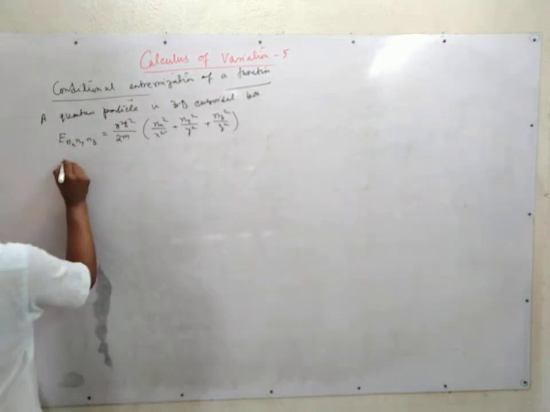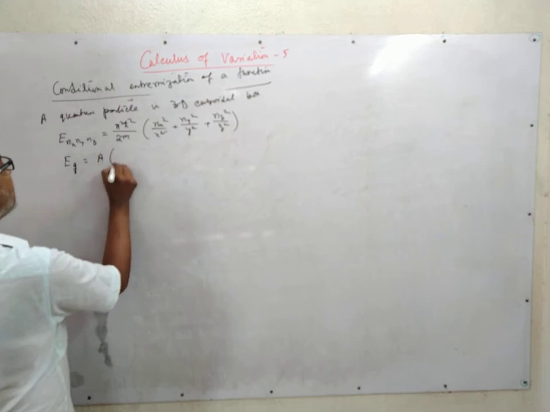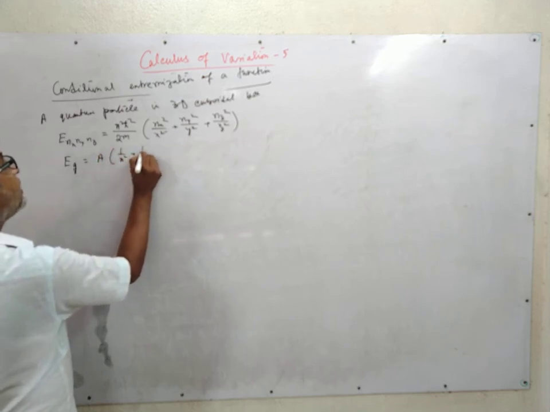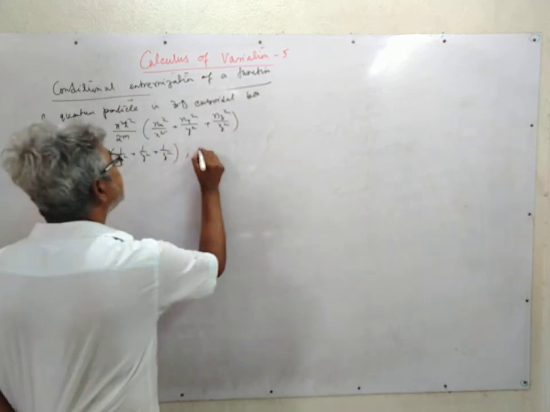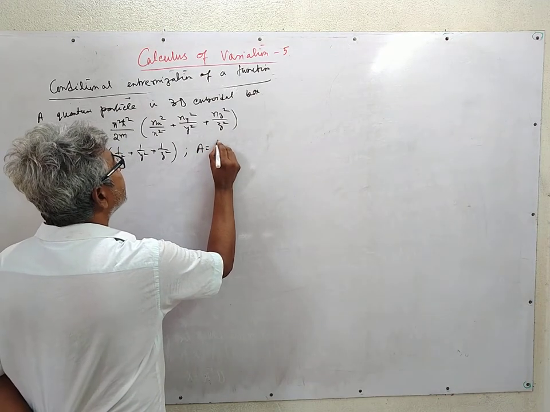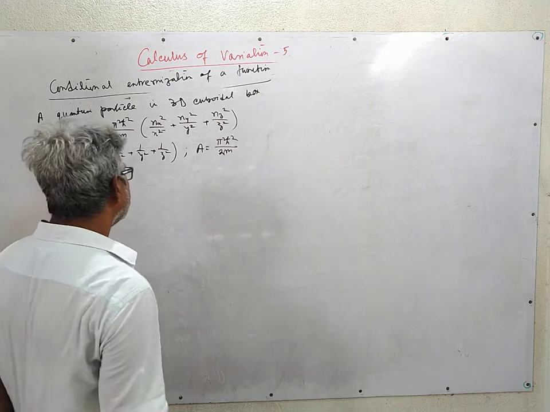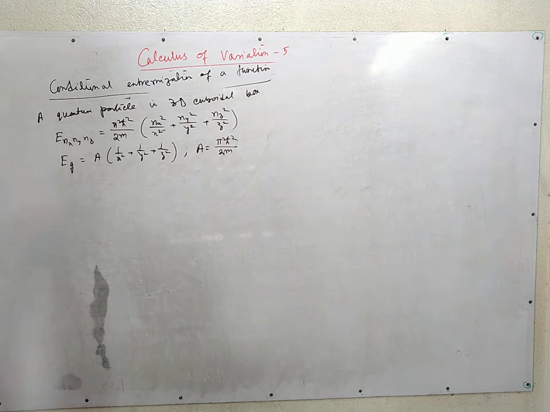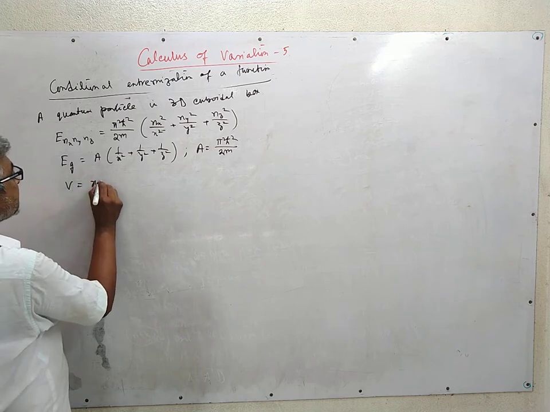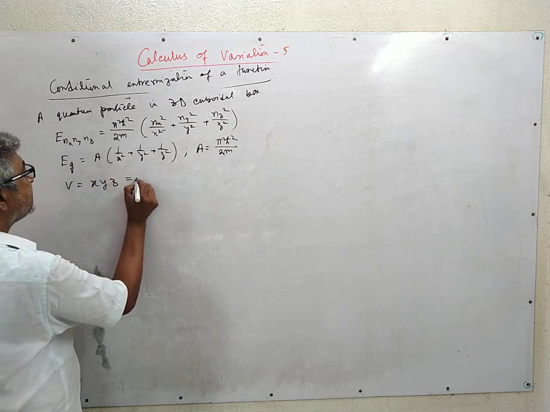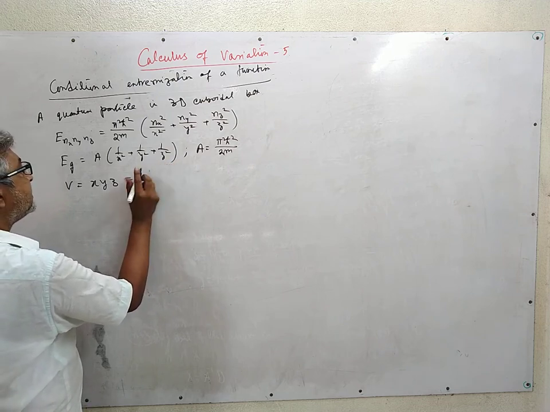So the ground state energy Eg is equal to a times 1 by x square plus 1 by y square plus 1 by z square, where we set a is equal to pi square h bar square by 2m, where m is the mass of the particle. The volume of the box is xyz, which we say is a constant c.